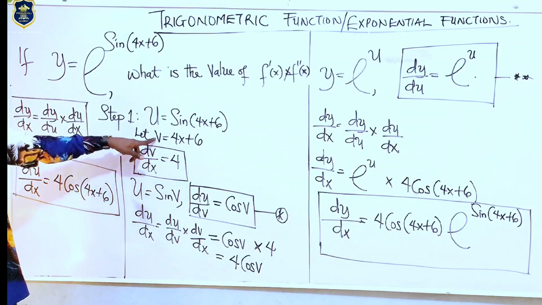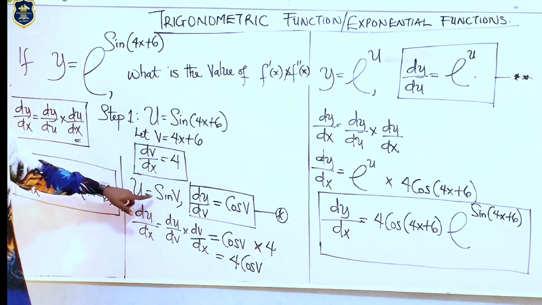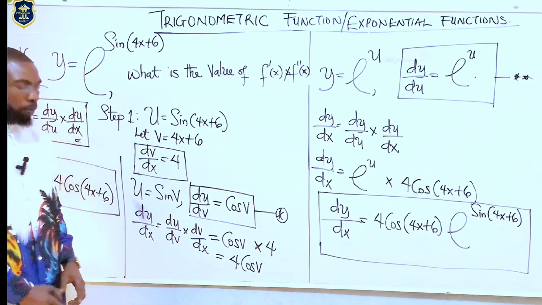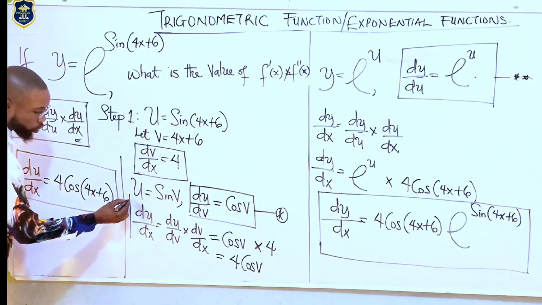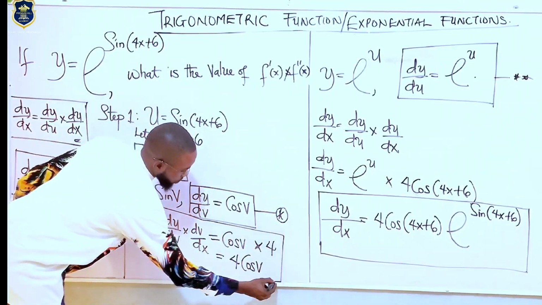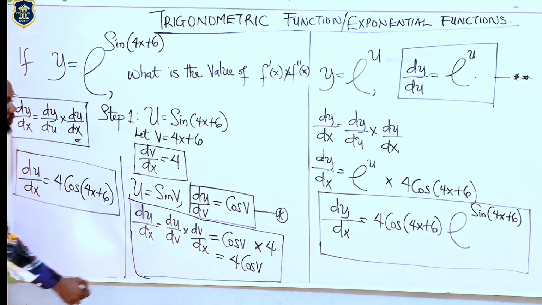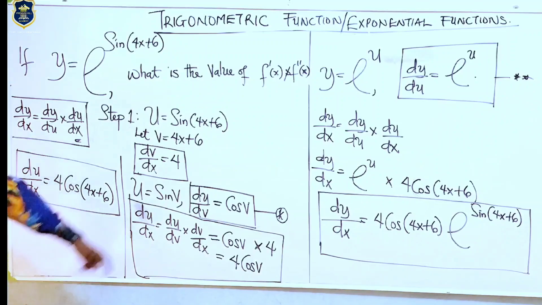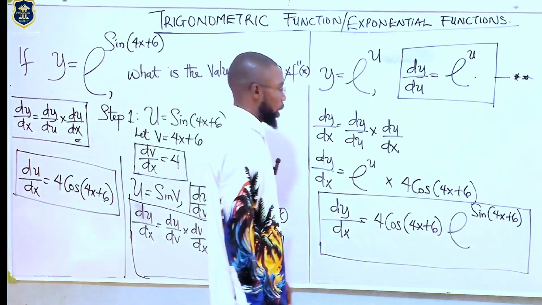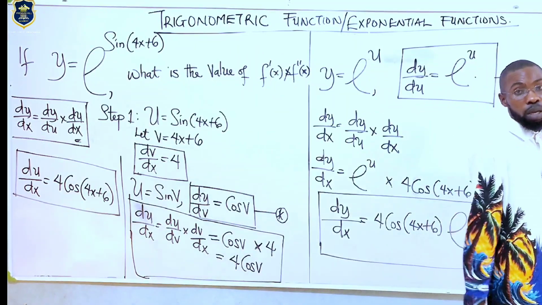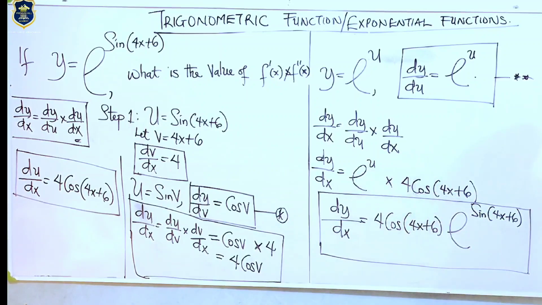Replace v here, differentiate u with respect to v, and form a function of function for du over dv. That's how we got this. Then our final answer gave us this, and from there we got dy over du. I've been explaining all of this, and I'm going to leave the links to these videos in the description box so that as you go through them, you understand how we go through them step by step.